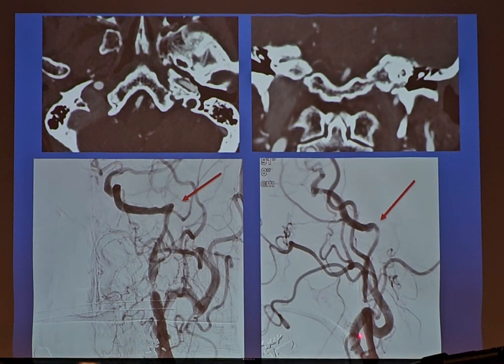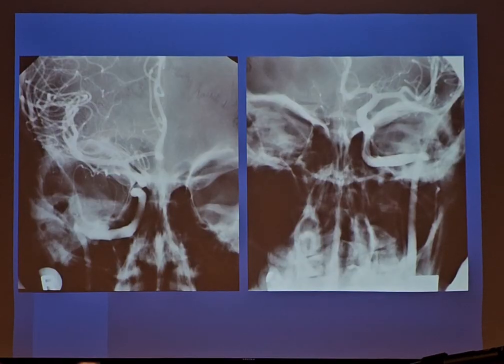Another example. Typically you have an acute angle like this. This one, right carotid, left carotid. This is an old angiogram, I think some time in the 80s.